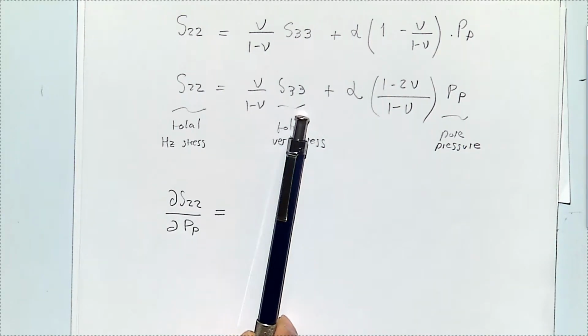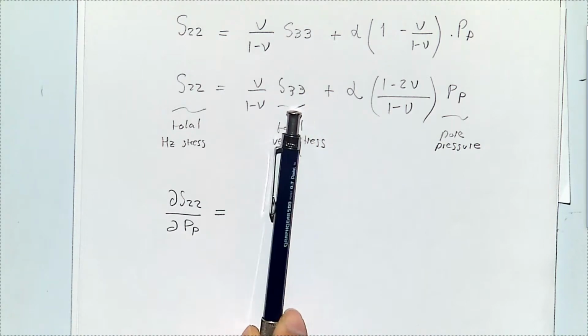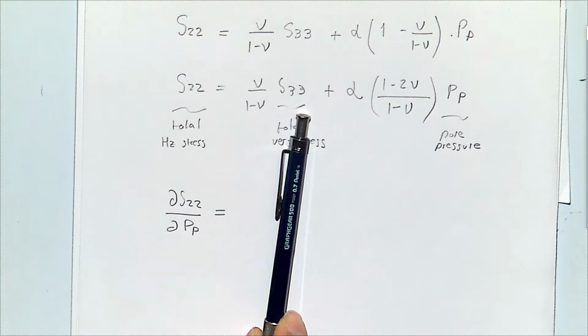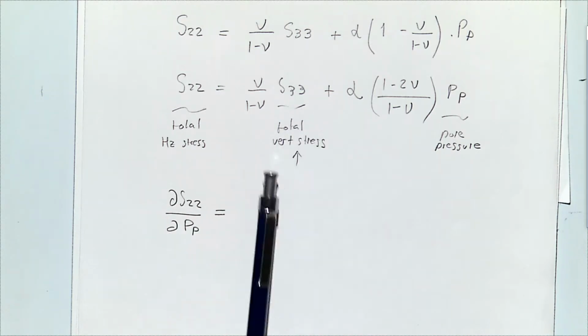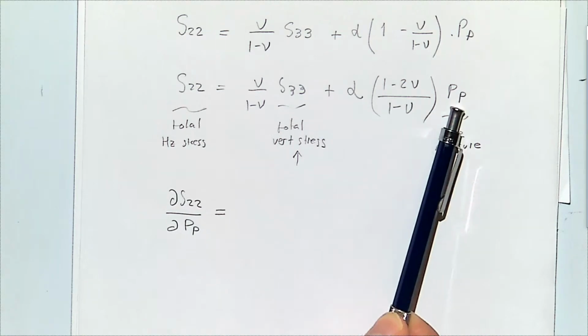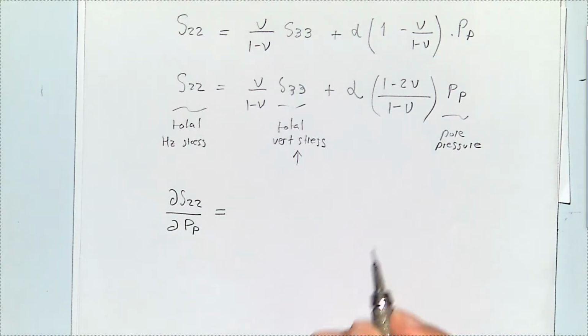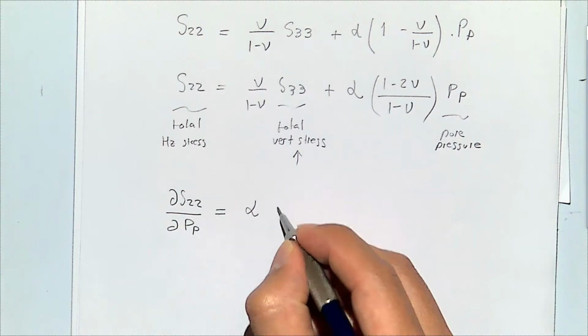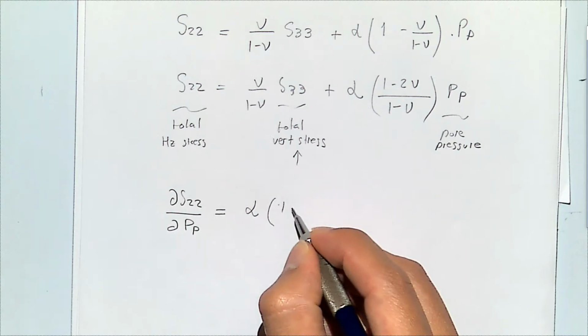Does total vertical stress depend on pore pressure in the reservoir? No, because it's just the overburden. So that's going to be 0. And here we have just that variable, so the derivative of PP is just going to be 1.